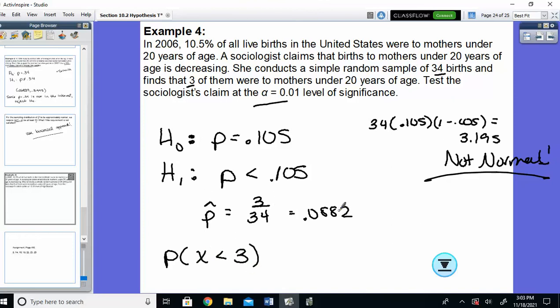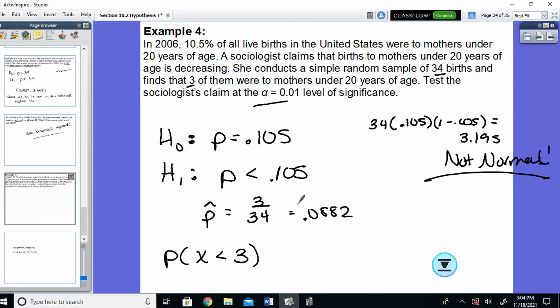Okay, so we have the p-hat, but in order to be able to use z's, it has to be normal. Since it's not normal, I can't convert into z's. So what we're going to do is look at our x here. Probability that x is less than 3. So we have some options. We had a binomial table, but it only went up to 20.